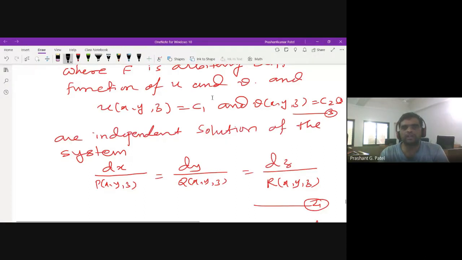This curve is actually an intersection of these two surfaces, and that curve is known as a characteristic curve whose tangent direction ratio at that point is PQR. So that is the situation we have here.